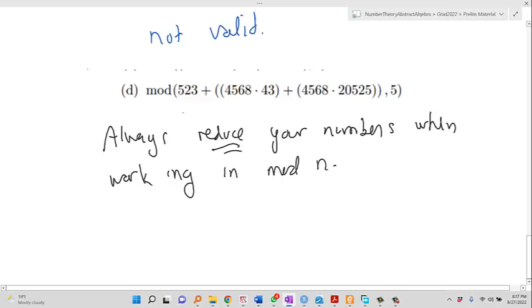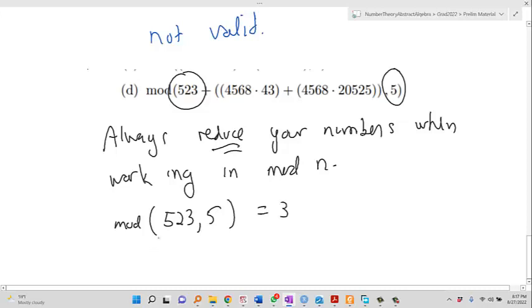All right, so 523. Since I'm working in mod 5, I can reduce 523 mod 5. What is 523 mod 5? Well, since 520 is divisible by 5, the remainder is 3. So this is just 3.